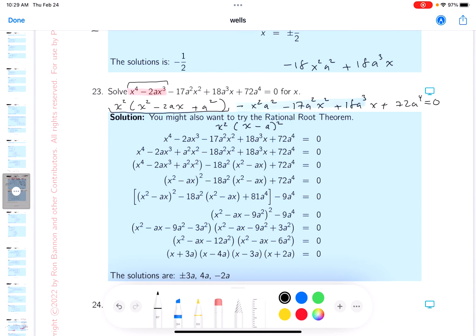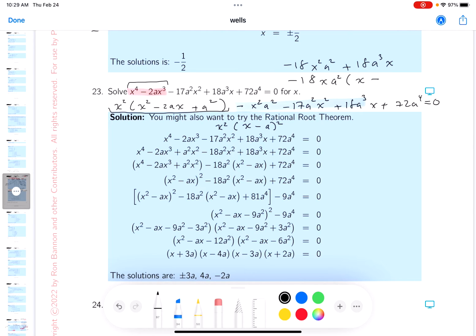And what I'm going to do is I'm going to factor out minus 18 x a squared, and then what would you get over there? You'd get x, let's see if I did that right, minus 18, yep.